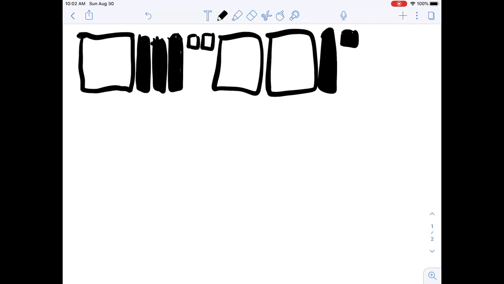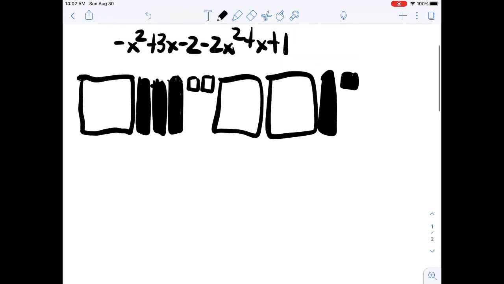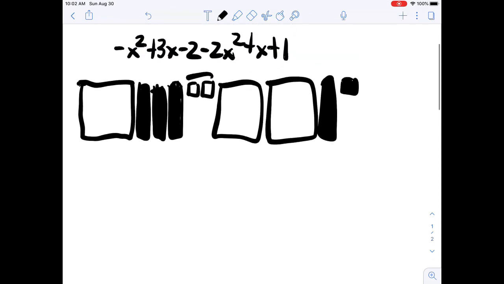So if you have two like terms and one is positive and the other is negative, then you can cancel them out. So in this case, the two like terms are negative 2 and 1.